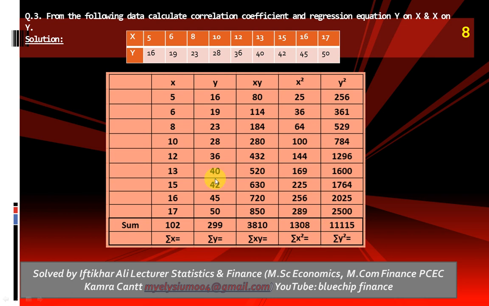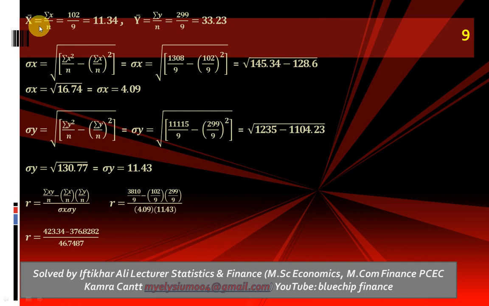So first of all calculate mean of x, that will be equals to 11.34, mean of y 33.23, standard deviation of x will be equals to 4.09, standard deviation of y will be equals to 11.43. We do not use f here because the data is ungrouped data.